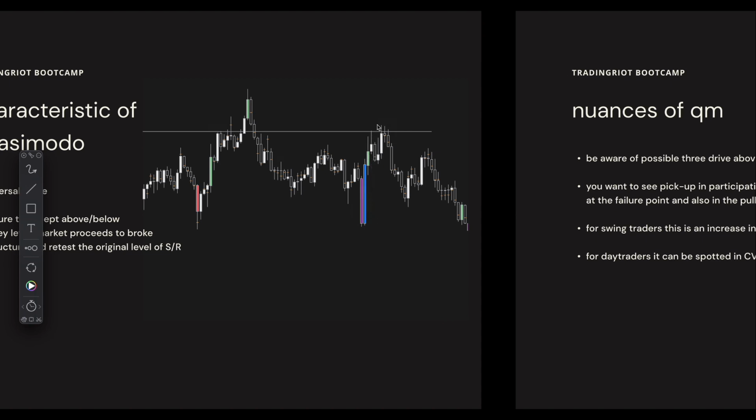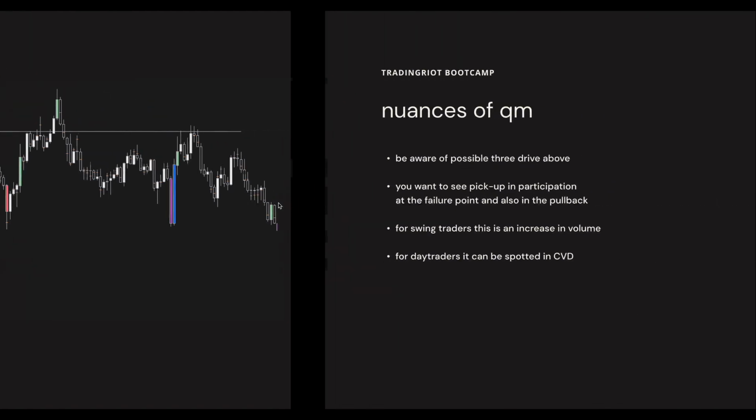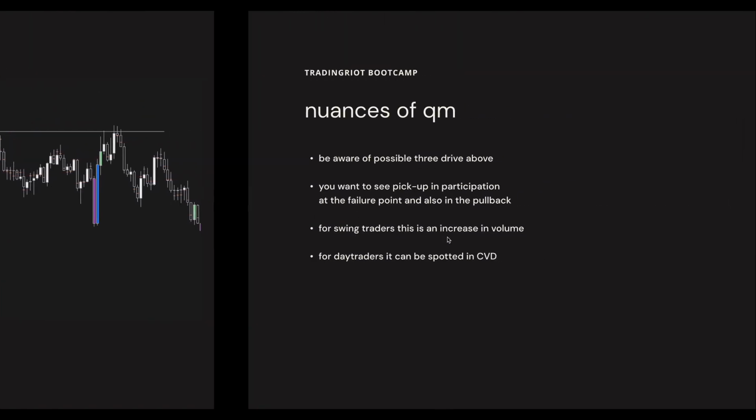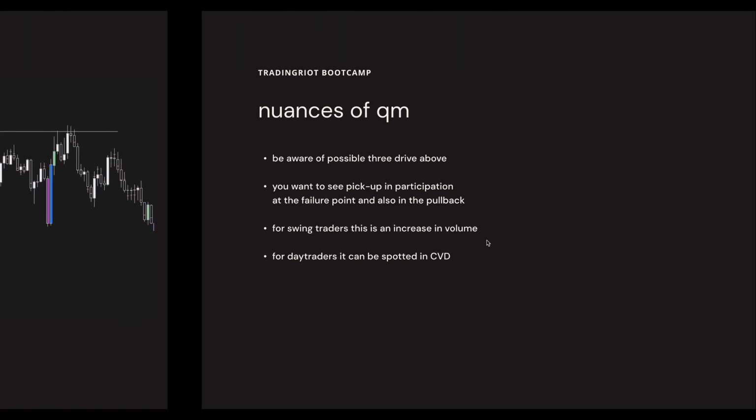This tells you that the buyers are trying to break the level back, but they are hitting the limit walls, and the market will essentially sell from there. For swing trades, this is an increase in volume; for day trades, this can be spotted in the cumulative volume delta. I will show you this in the examples.